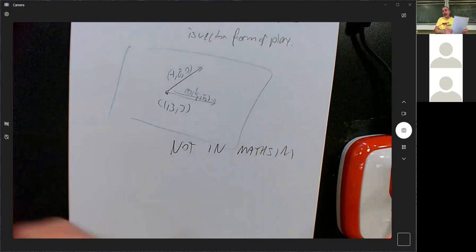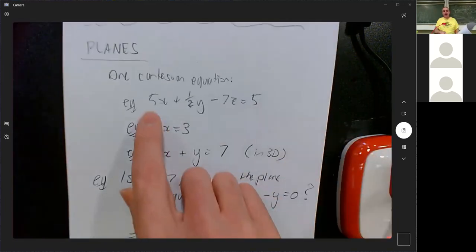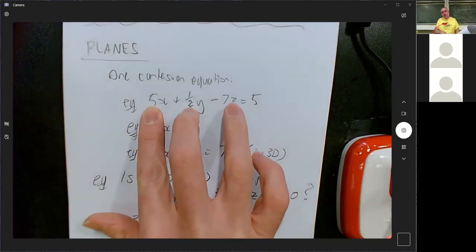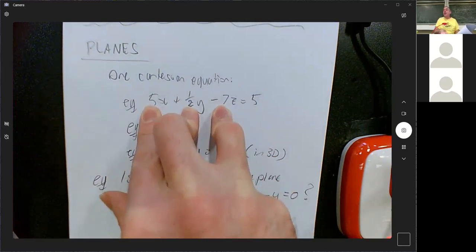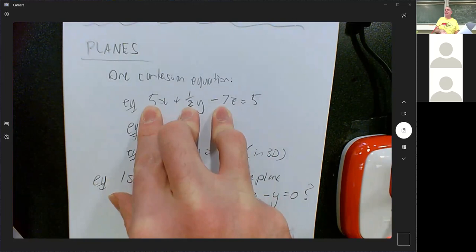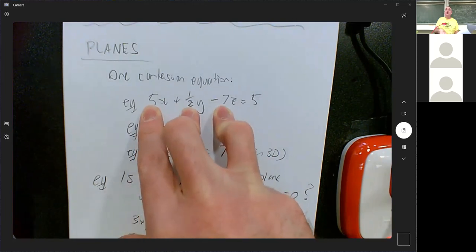A thing we know about planes is that if I pull out the coefficients of x, y, and z and make a vector out of them, that vector is perpendicular to every vector that's inside the plane. It's called a normal vector.